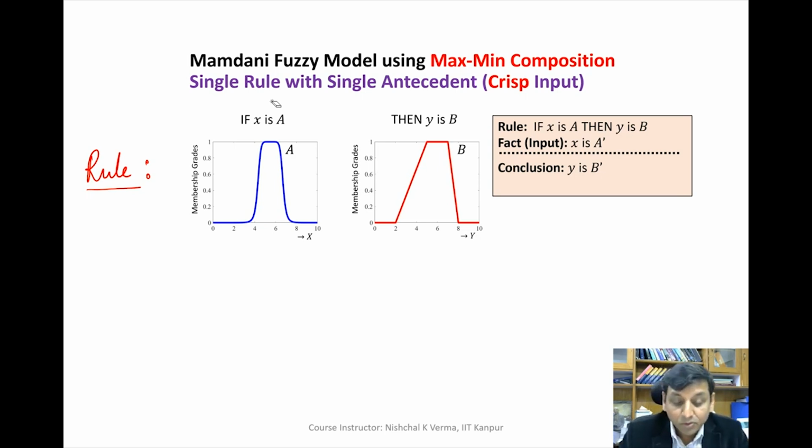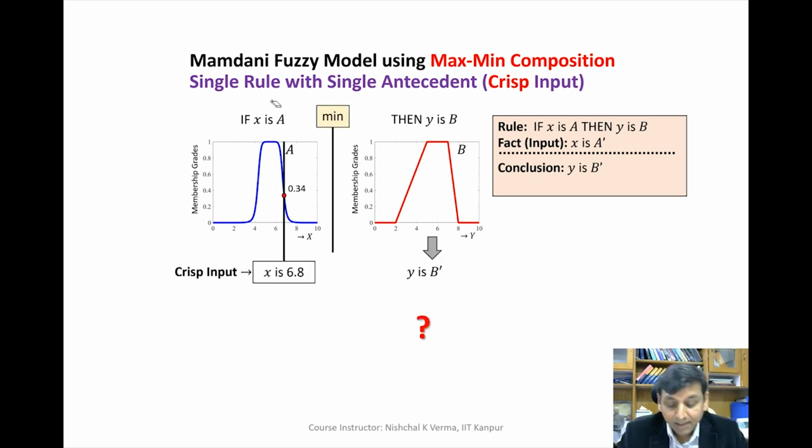So let us now apply the crisp input, where the value of input x is a crisp value, which is 6.8.